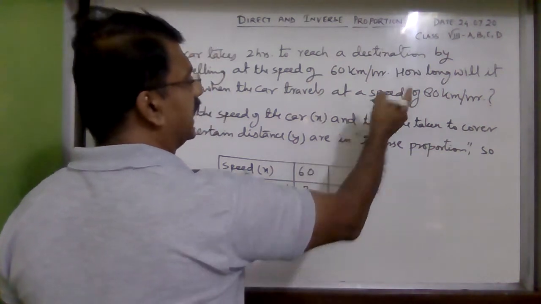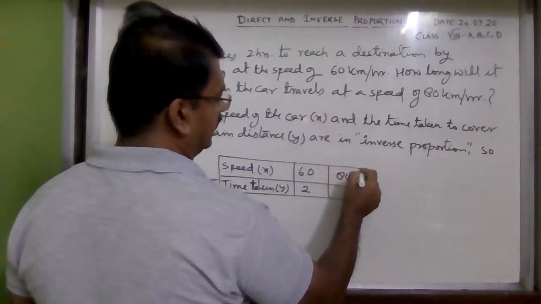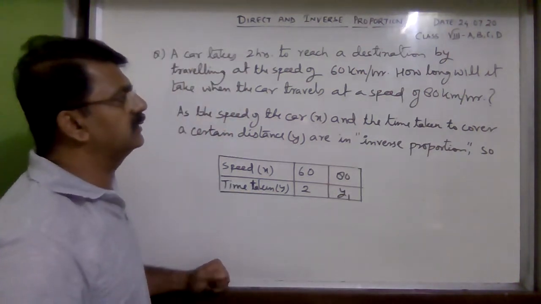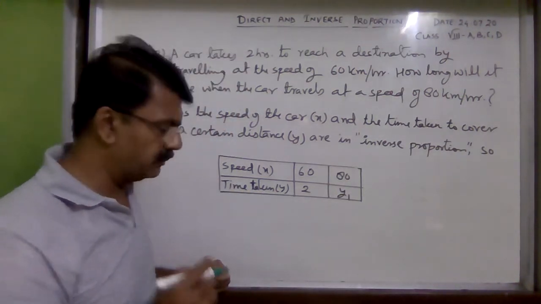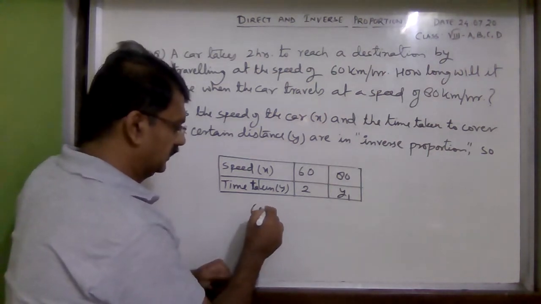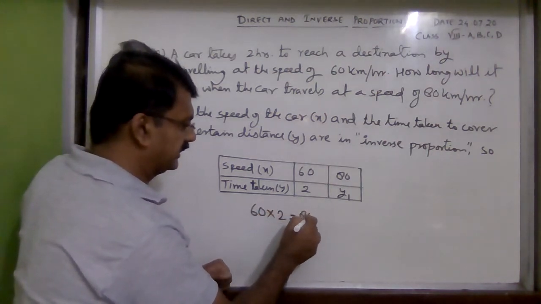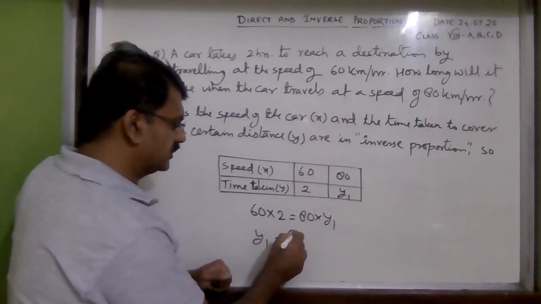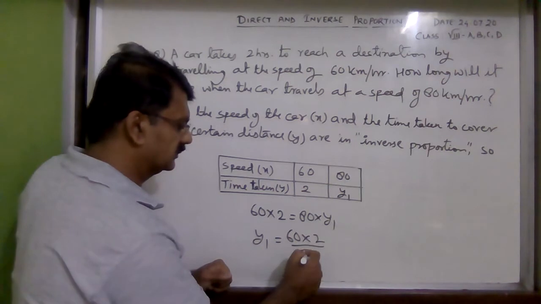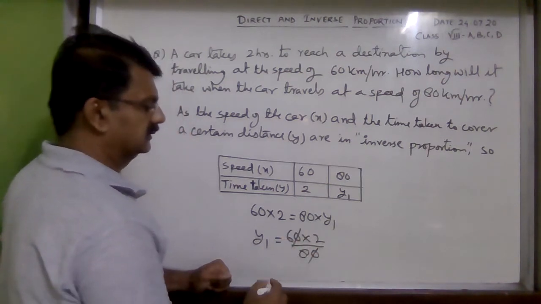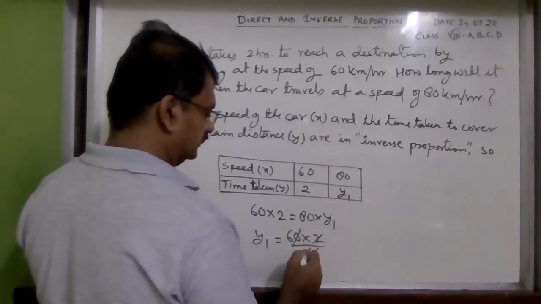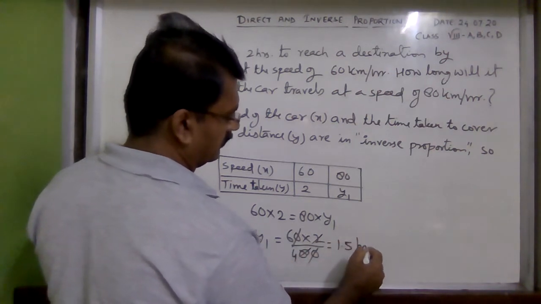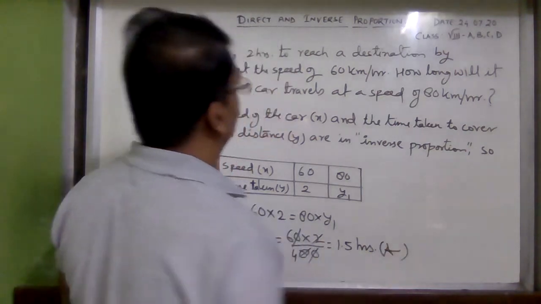Then the speed becomes 80 km per hour, and what would be the time taken? Let it be y1. Now as I told you, they are in inverse proportion. 60 into 2 will be equal to 80 into y1. y1 is equal to 60 into 2 upon 80. So the answer is 1.5 hours.